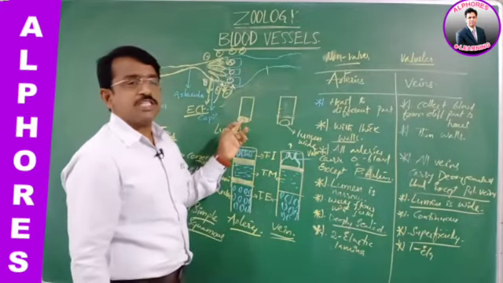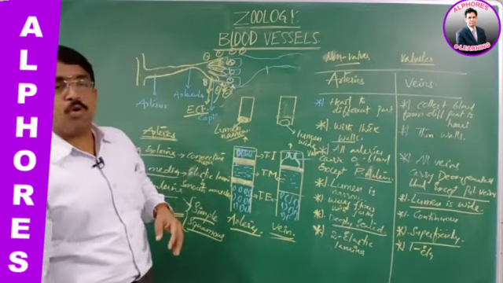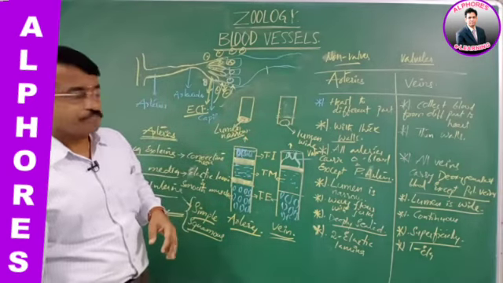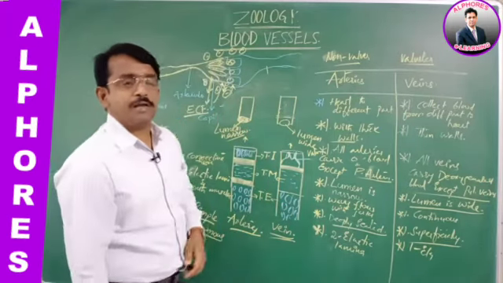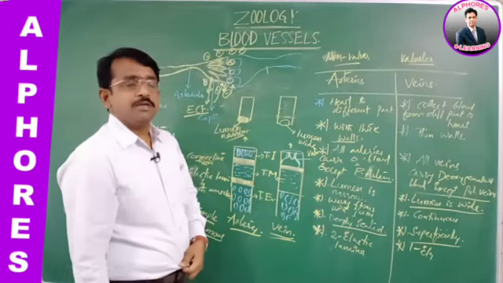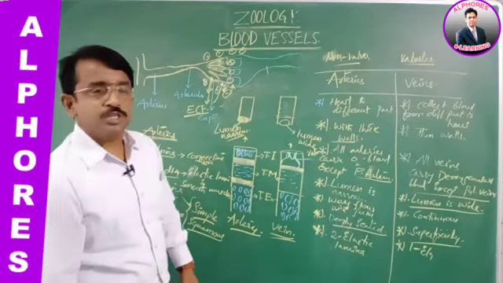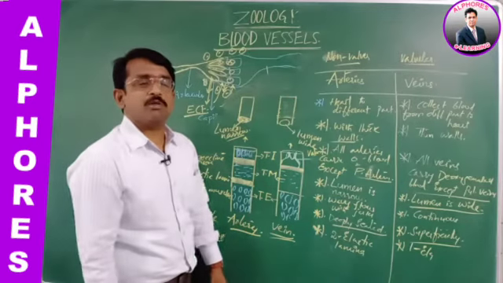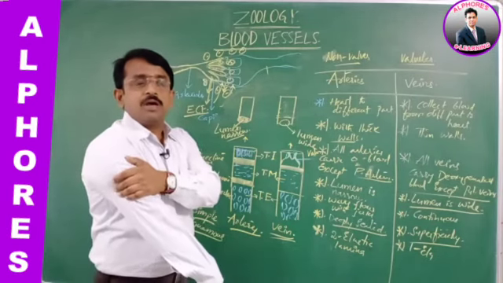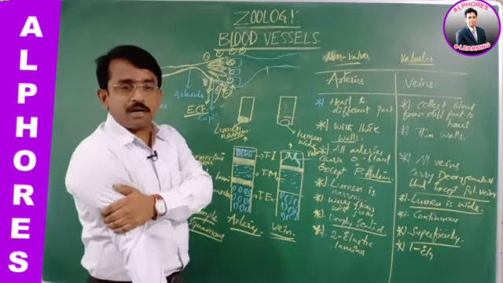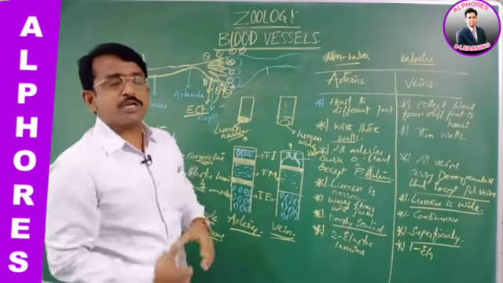Basically, the pressure is higher in the arteries, and that's the reason why blood pressure is detected by the sphygmomanometer, which is attached to the brachial artery, where the blood pressure is detected.